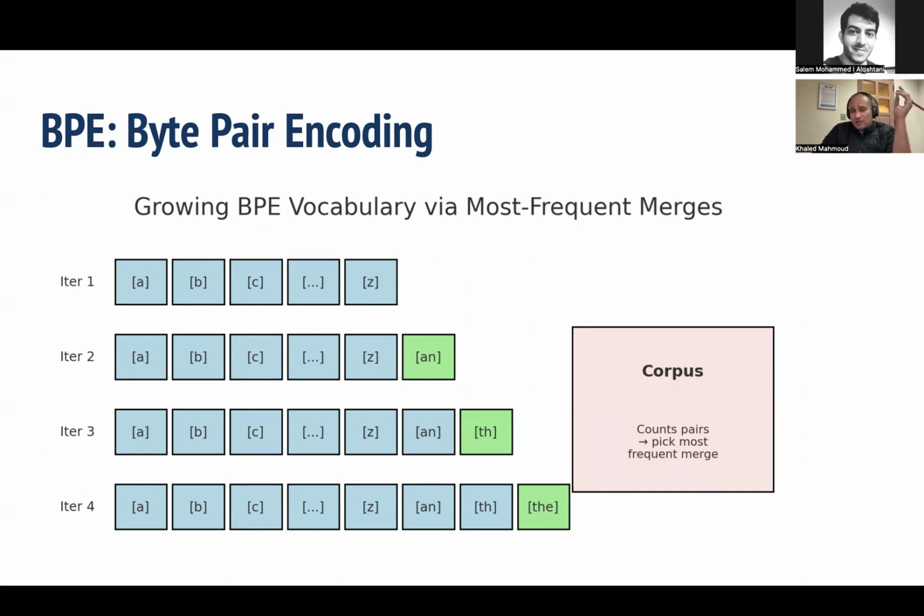And after that, you make merges. You merge every character with the next character. AB, for example, is a possible or prospective token. BC, CD, ZN. And then it looks in the whole corpus for which of these merges is the most frequent. It selects the most frequent one and adds it to its set of tokens.